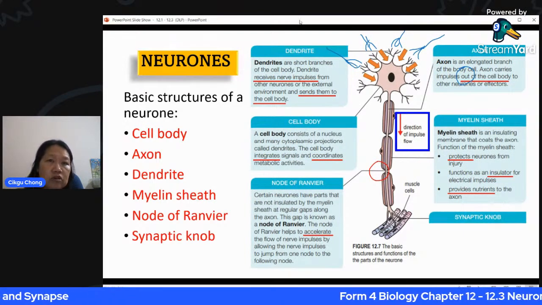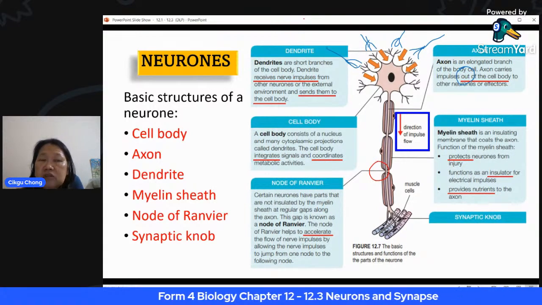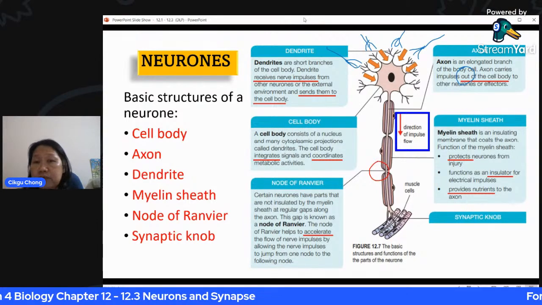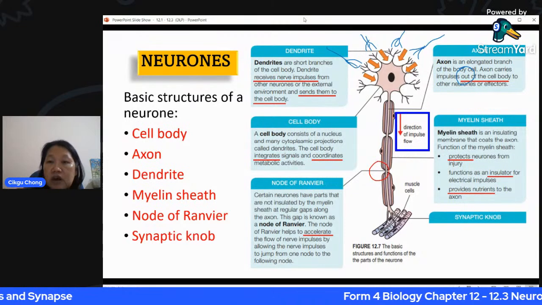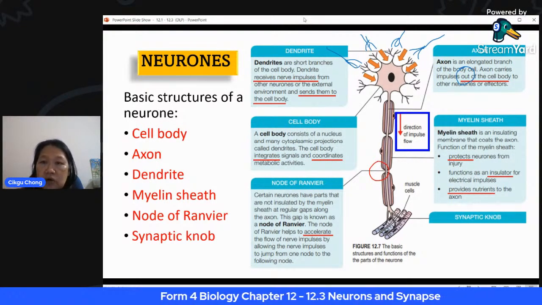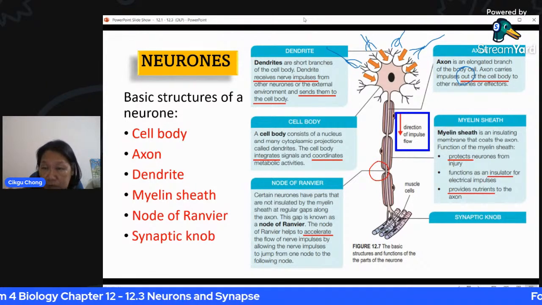Now the function of node of Ranvier is actually to accelerate, to make the impulse move faster. Scientists have experimented with an axon that has had the myelin sheath removed, and also another one with the myelin sheath.